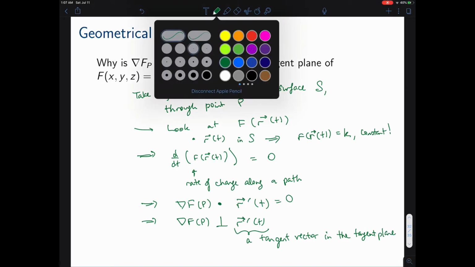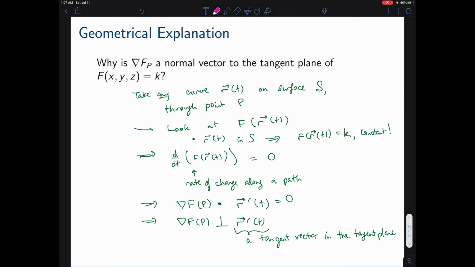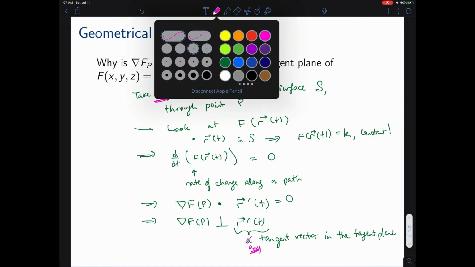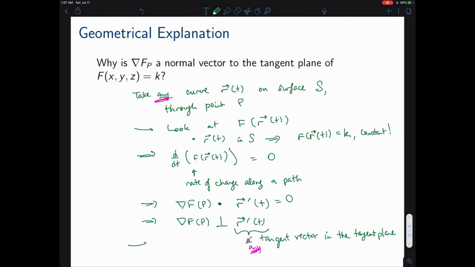And this is going to work for any curve. So this is actually any tangent vector. And that's telling us that the gradient vector of f is perpendicular to the whole tangent plane. That's how we know that gradient of f is a normal vector.